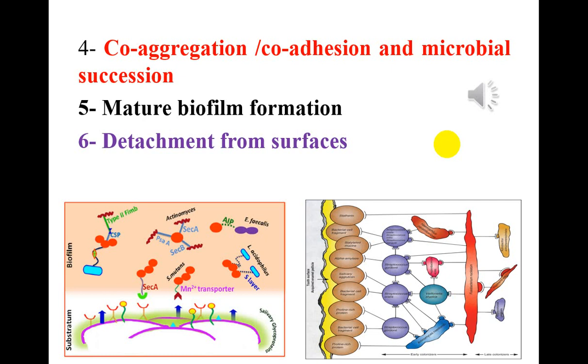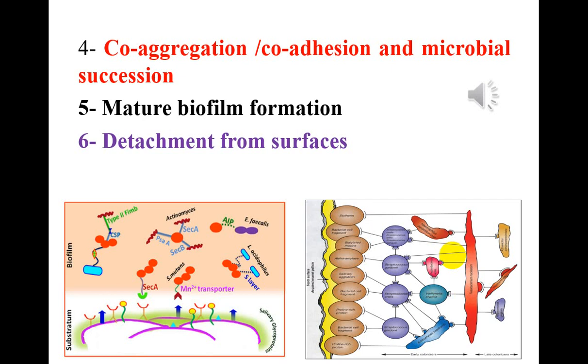The co-aggregation or co-adhesion of the late colonizers is through adhesion receptor interaction. These interactions build up the biofilm to create a more diverse environment, which includes the development of unusual morphological structures like corn cobs and rosettes.